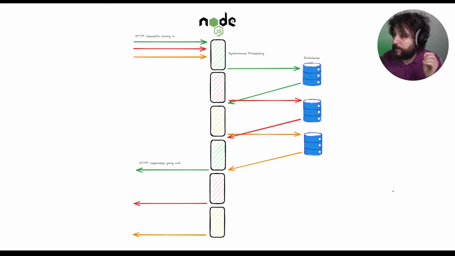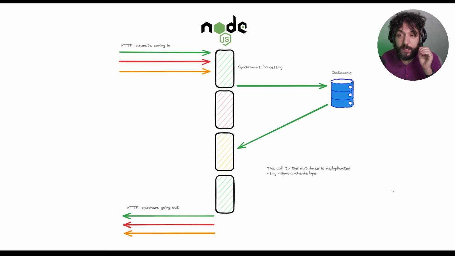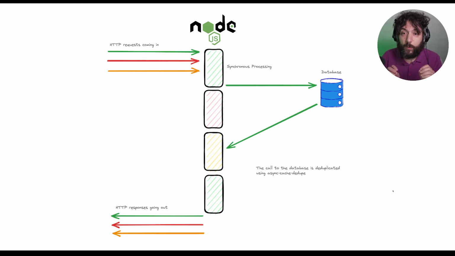What that flag does is deduplicate the requests. So of the 3 requests coming in, it takes the synchronous processing, generates the SQL query and computes a hash of that query and all the parameters.